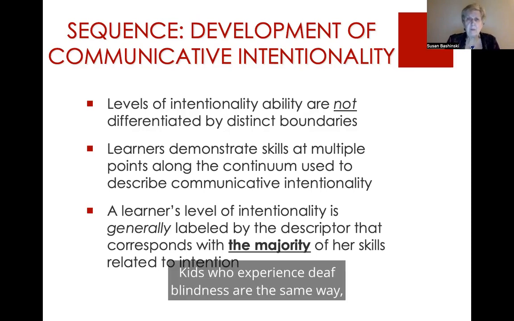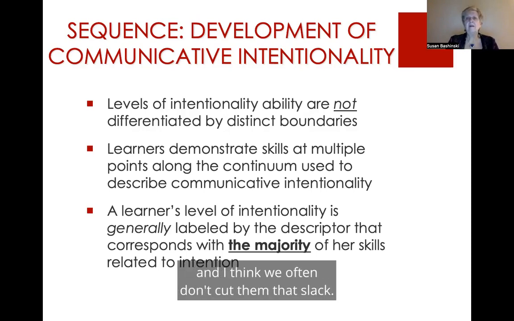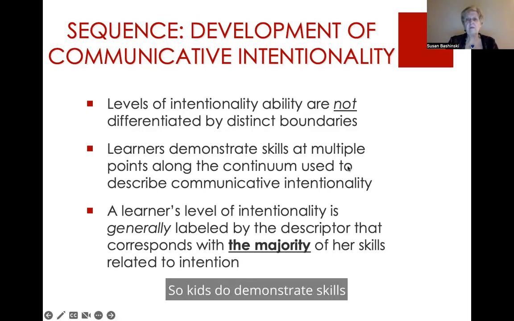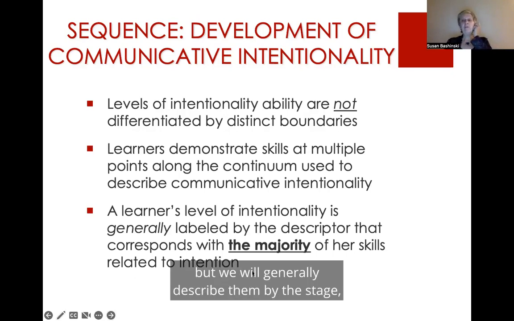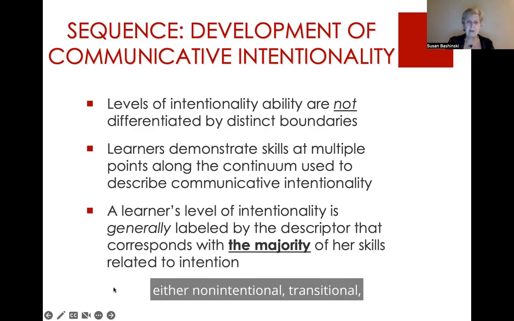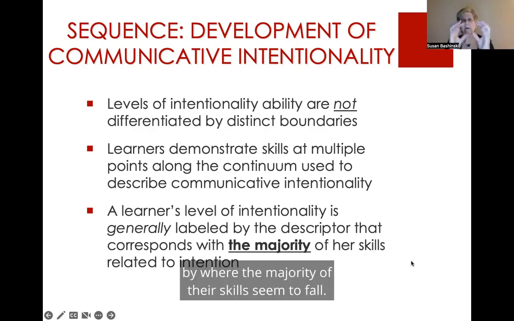Kids who experience deafblindness are the same way. And I think we often don't cut them that slack. So kids do demonstrate skills at multiple points along the continuum, but we will generally describe them by the stage, either non-intentional, transitional, or fully communicatively intentional, by where the majority of their skills seem to fall.